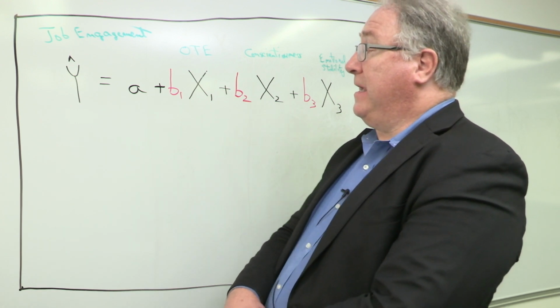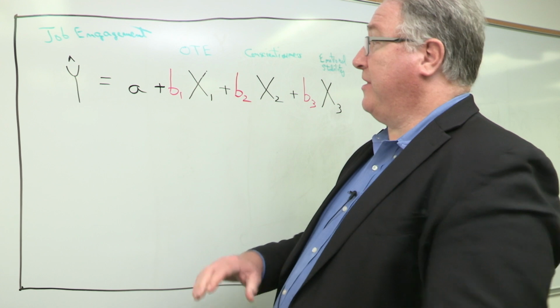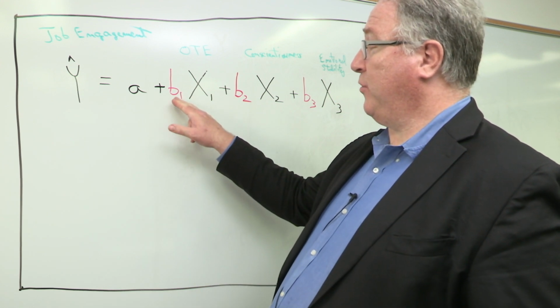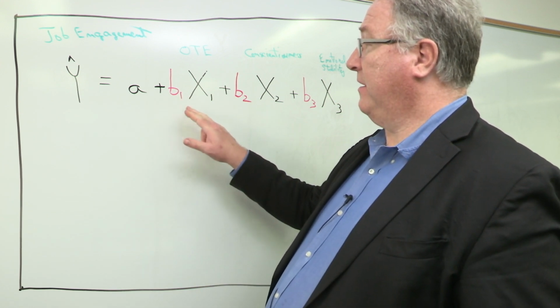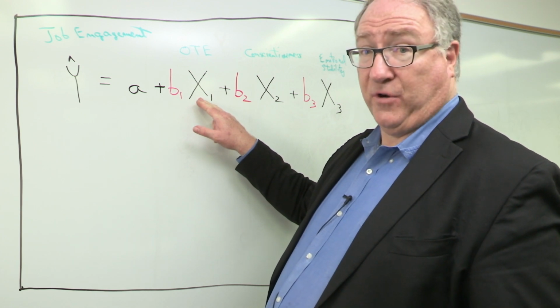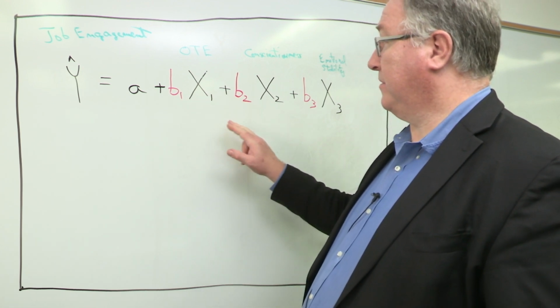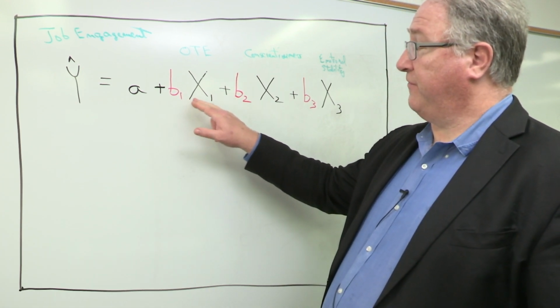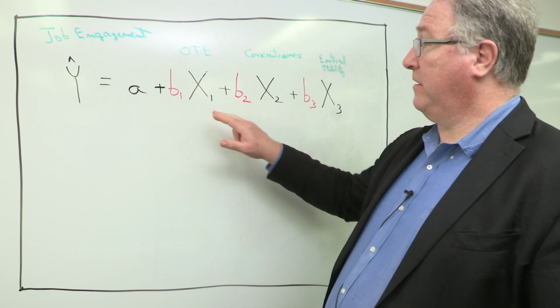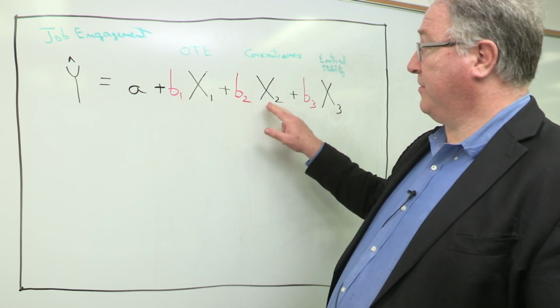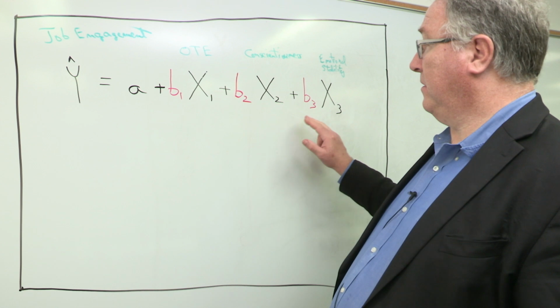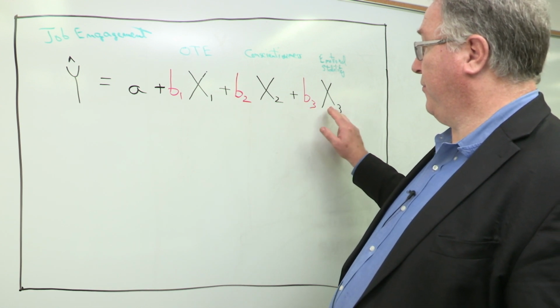All right. So one thing I want to point out about the regression coefficient for each of the predictor variables in the model. So here's the regression coefficient for the first predictor variable, the second predictor variable, and the third predictor variable.